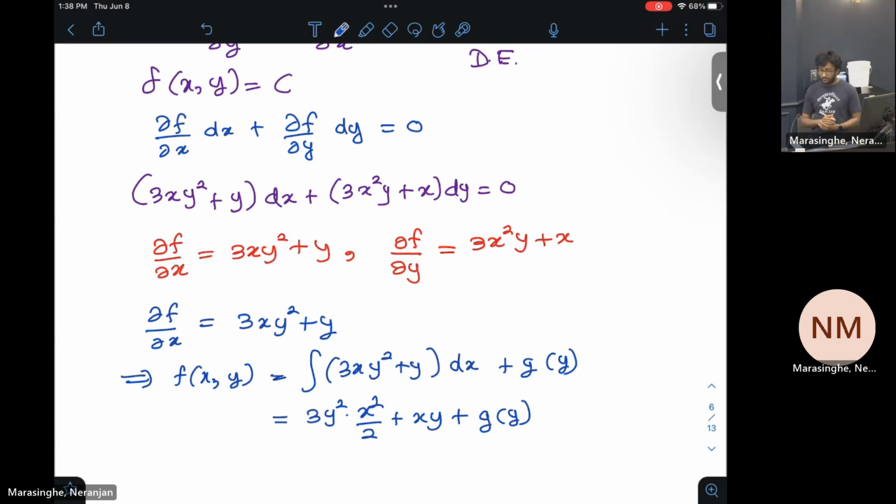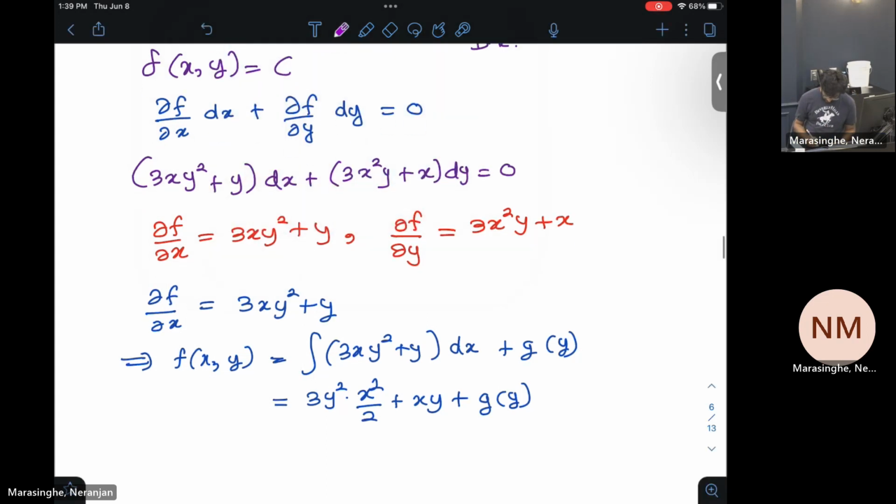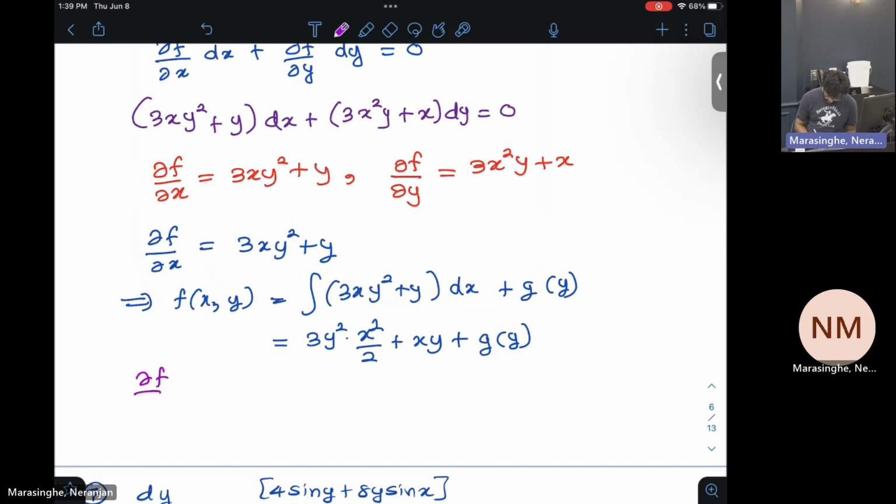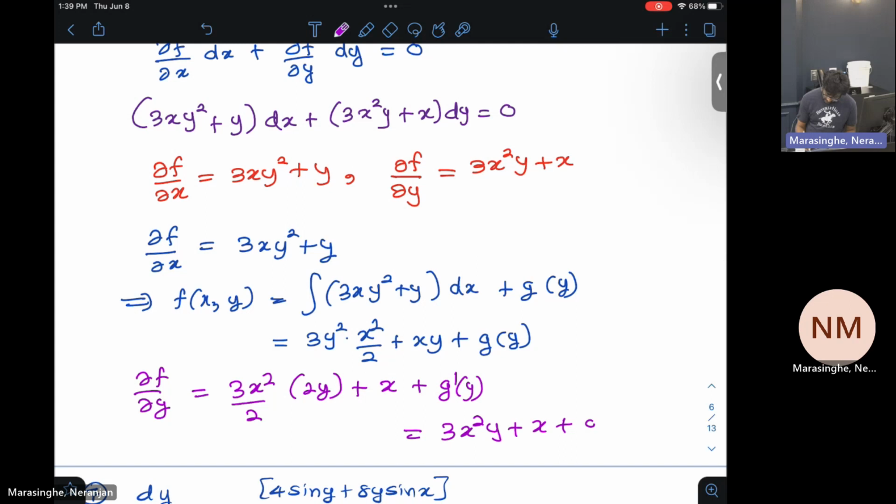This is f of x, y, and I used partial f over partial x to find this. My next step is to take the partial derivative of this function with respect to y. What is partial f over partial y? That is 3x square divided by 2 times the derivative of y square, that is 2y, plus x plus g prime of y, which is equal to 3x square y plus x plus g prime of y.